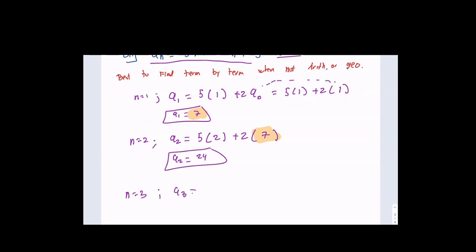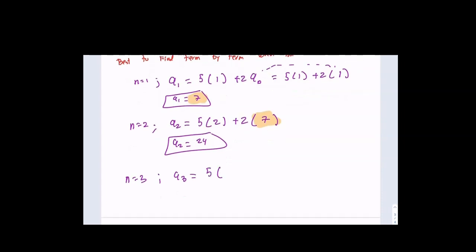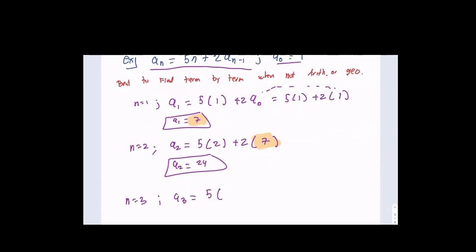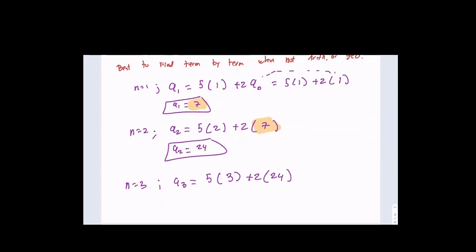And one more time, let's do n equals 3. So A3 equals 5 times 3 plus 2 times 24. Perfect. So numbers are getting a little bit bigger. You can do it in your head. That's 15 plus 48, so 63. Of course, feel free to use the calculator on that type of calculation.